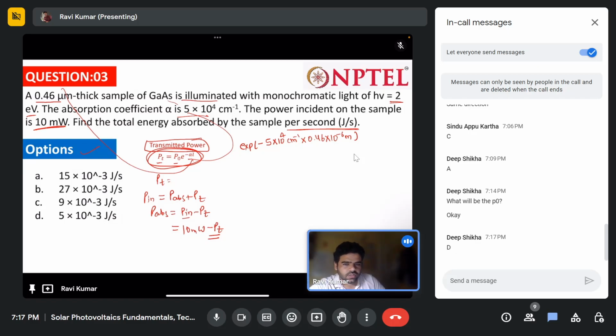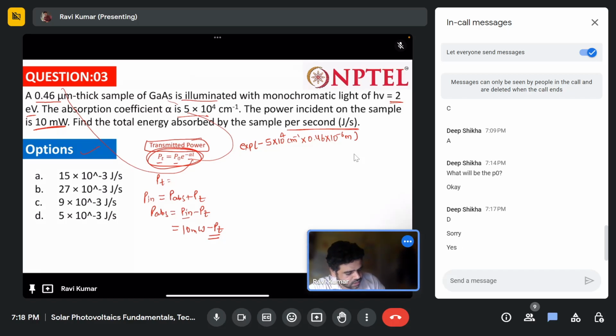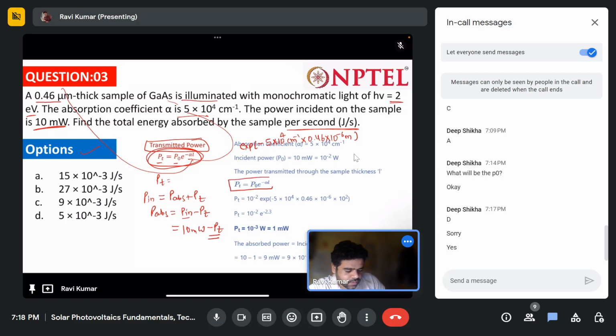So this is the solution for D. I think, Deepsika, it should be C. See, this is the solution. This is PT, P naught, and we just put values here.